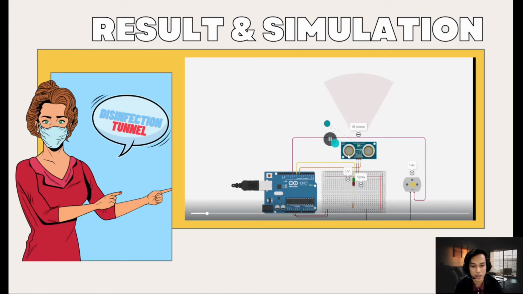As you can see right here, when the user enters the tunnel, there is a certain range that we already set for the sensor. The range for the sensor to detect a person entering the tunnel that we set is 100 centimeters.